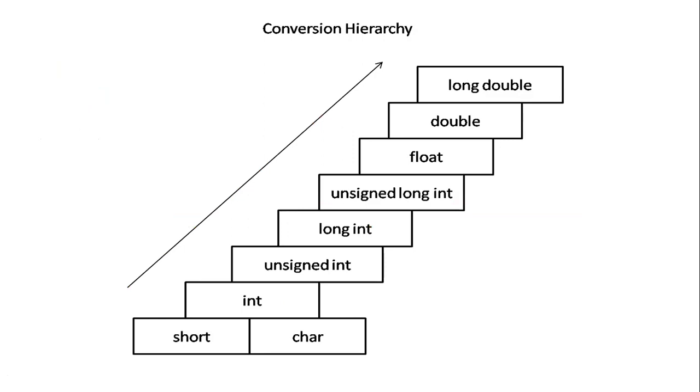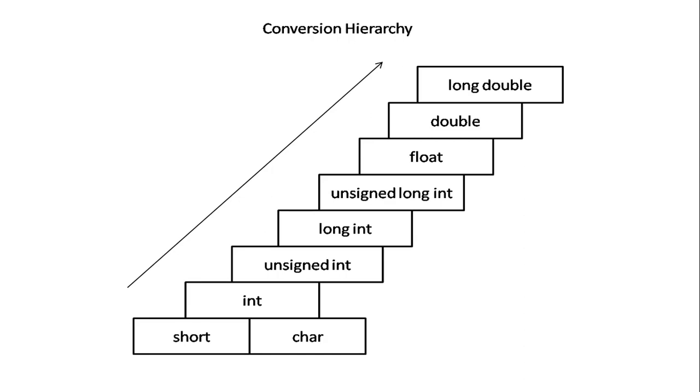To understand more, all the data types of the variables are upgraded to the data type of the variable with the largest data type. If it is a short and character, then it will be upgraded into the integer.